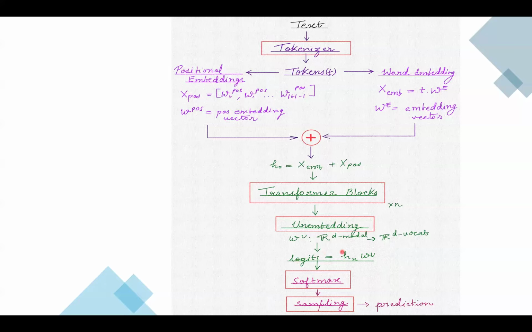You get it by projecting the last layer's hidden state over WU, which has the same dimensionality as WE, just the reverse of that. So it would be de-embedding multiplied by de-vocabulary. In that way, what you will get is a probability distribution over the entire vocabulary.